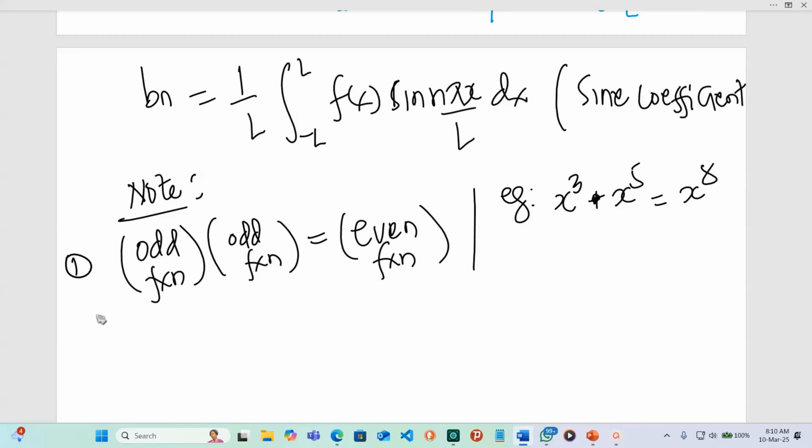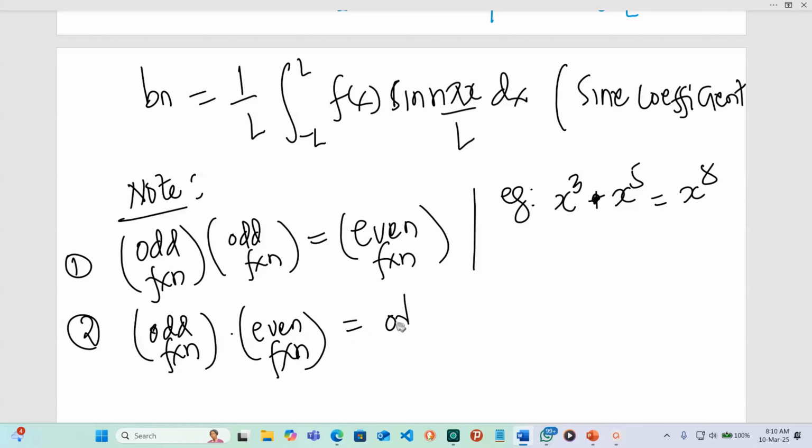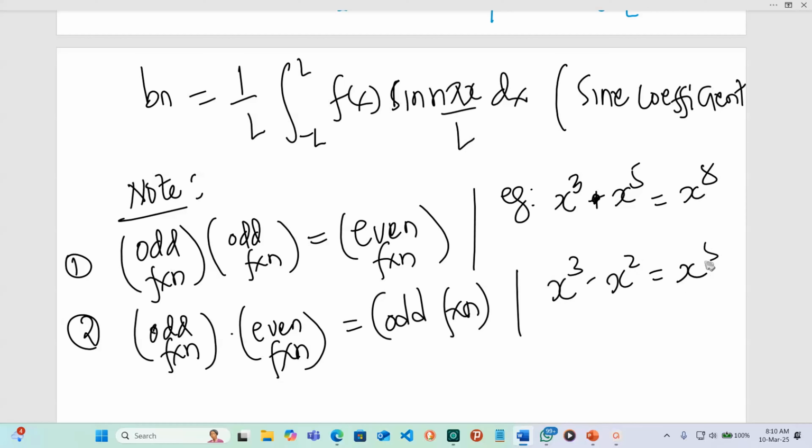Let's look at another one. When we have an odd function times an even function, this is going to give us an odd function. Take an example: x to power 3, which is an odd function, times an even function like x squared. This is x to power 5.